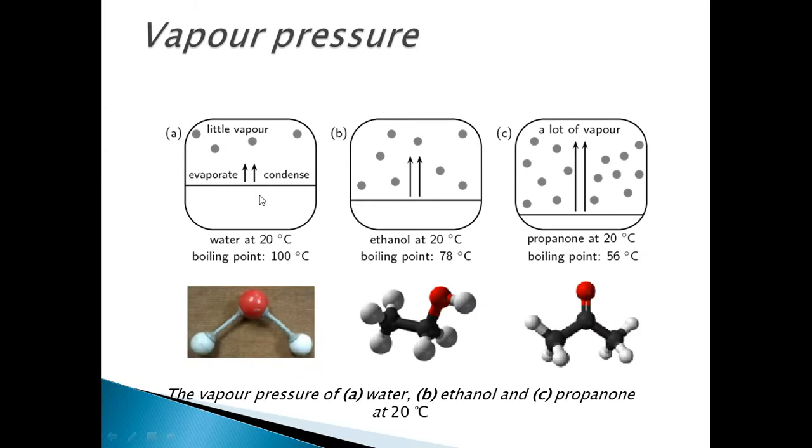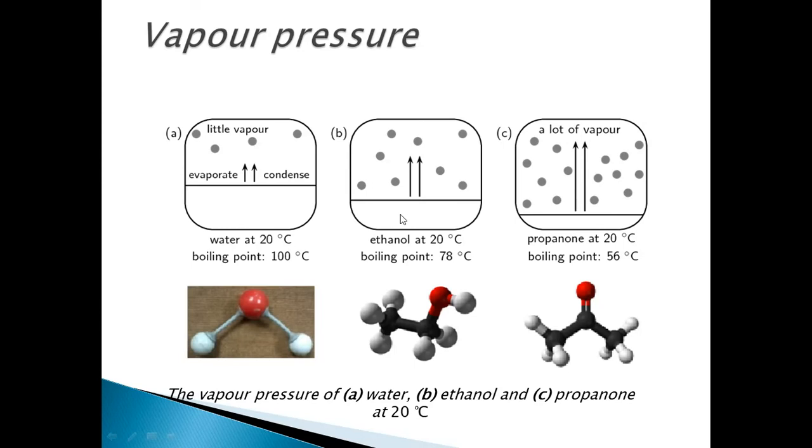To illustrate vapor pressure, we have this chart here. Here we have three different substances: water, ethanol, propanol. In water, intermolecular forces are strong, so fewer molecules of water are in the gaseous phase, so the vapor pressure is low. Take ethanol.